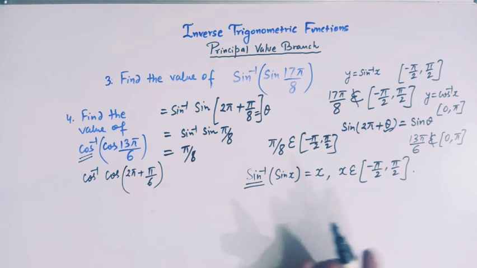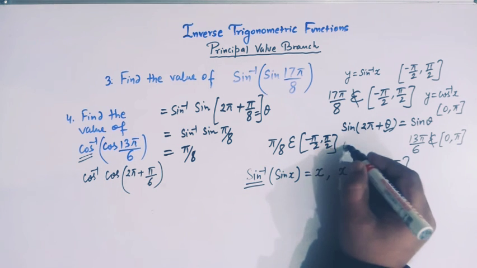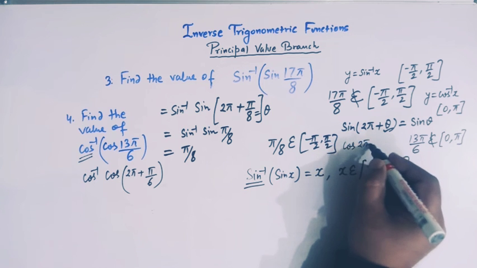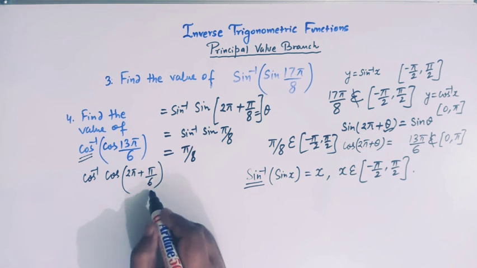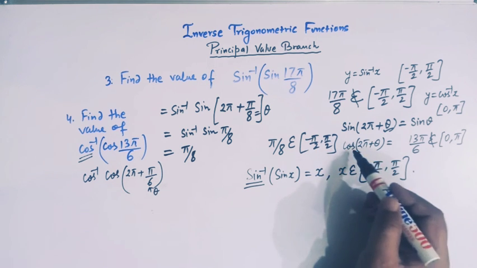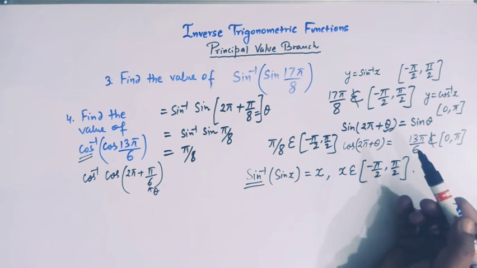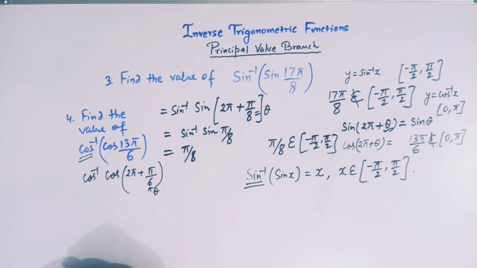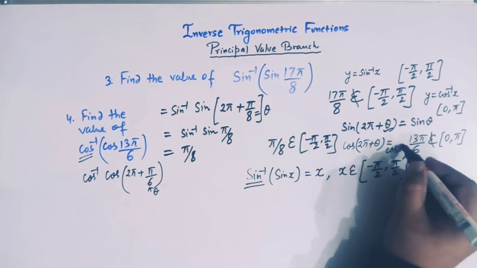Now again we'll make use of one important result, that is cos 2 pi plus theta. So this angle is theta, and 2 pi plus theta lies in the first quadrant, and in the first quadrant the cosine function is positive. So cos 2 pi plus theta is cos theta, right?